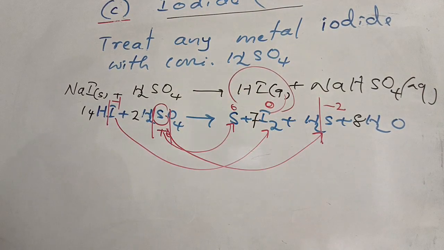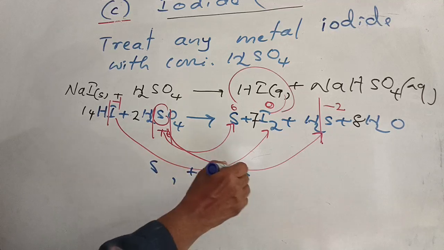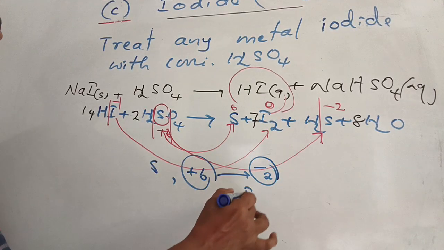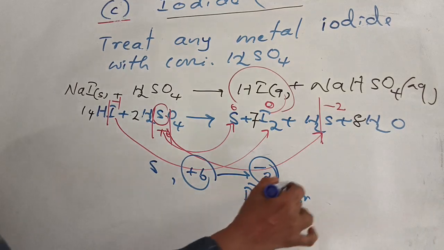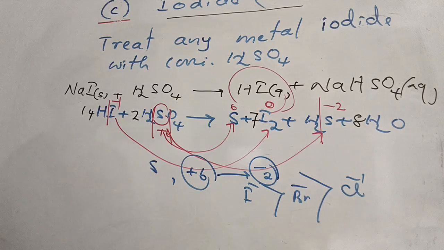So obviously this is a redox reaction, and in it sulfur's oxidation state changes from plus 6 to minus 2. So obviously I minus is a better reducing agent than Br minus, and also better than Cl minus. So we can get this order of reducing ability.